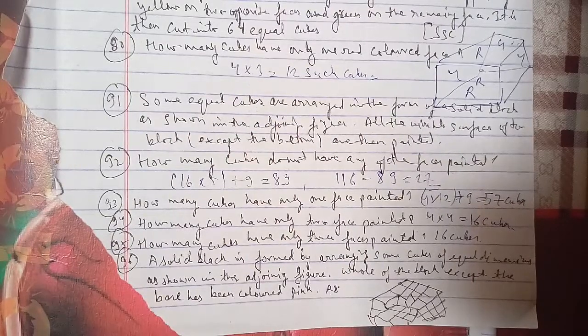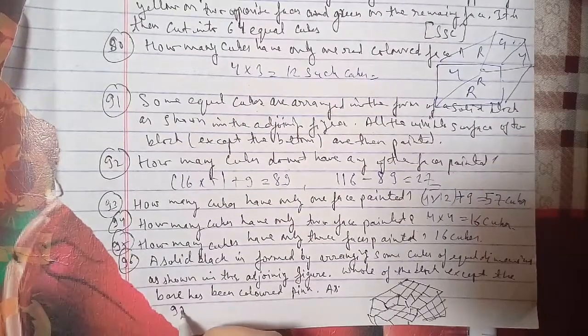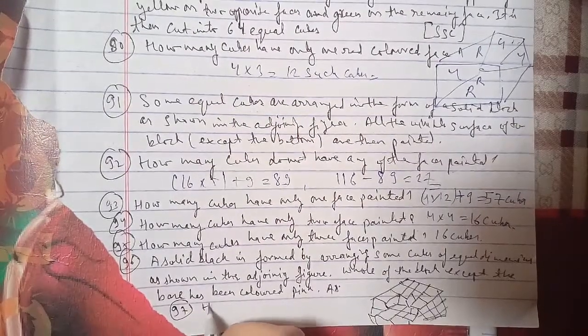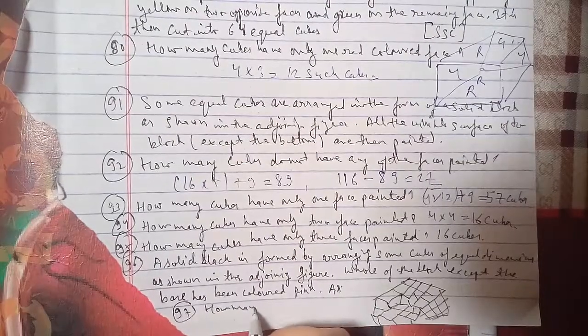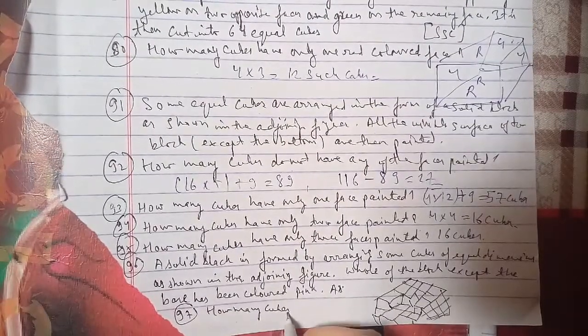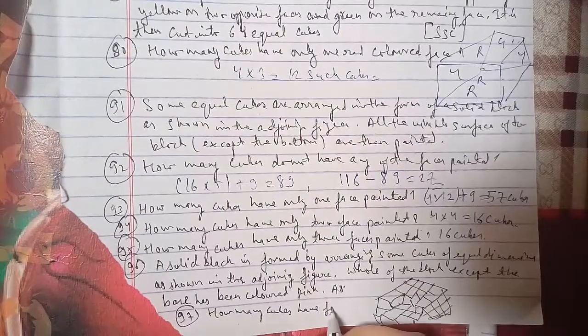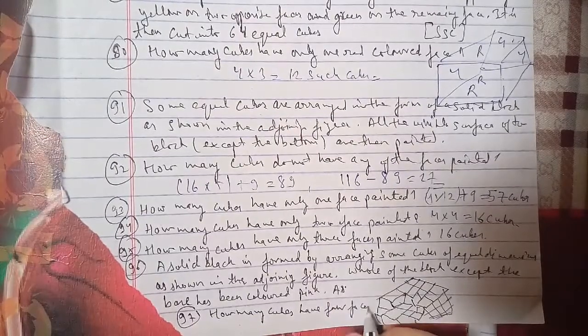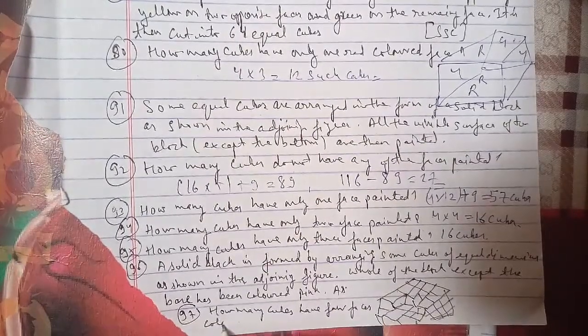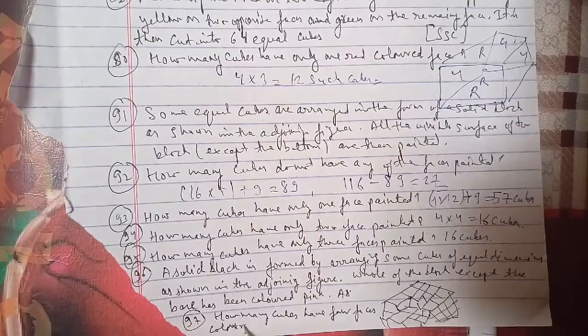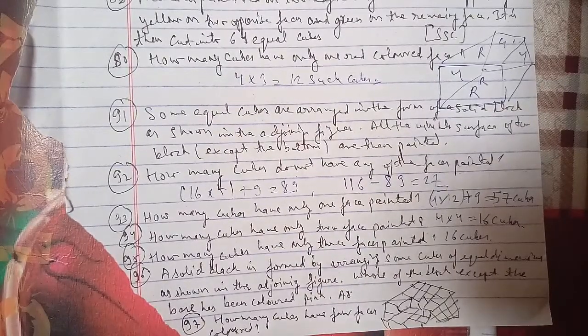Okay, so this is what it is. The first question for that particular information is: how many cubes have four faces colored? The options we have are 0, 1, 2, 3.